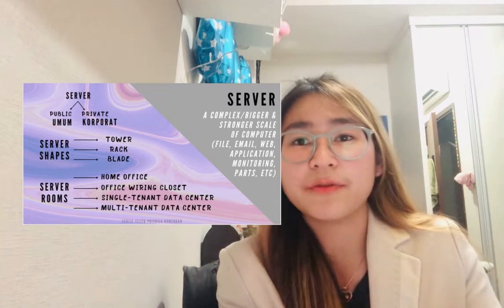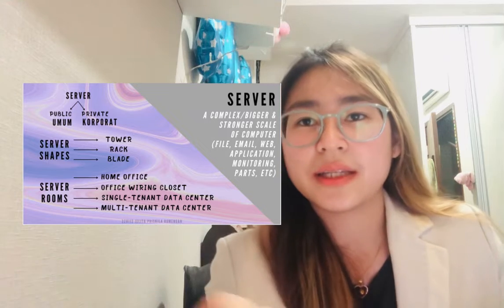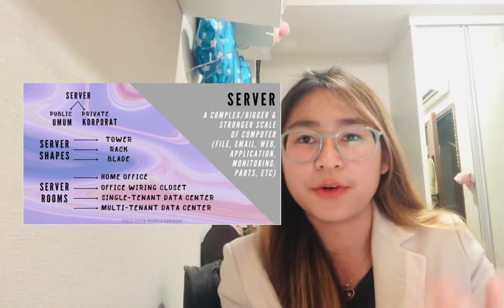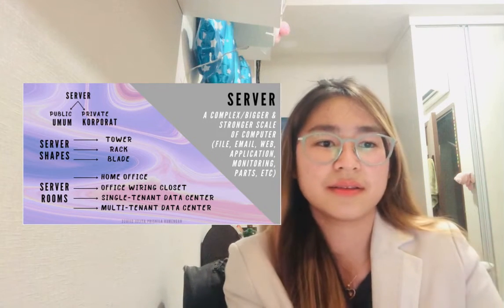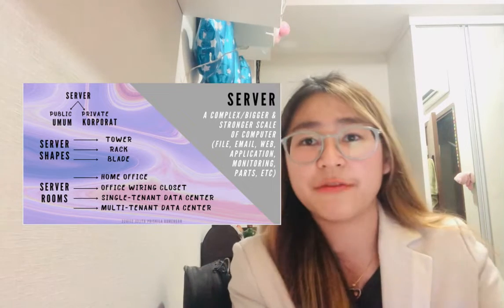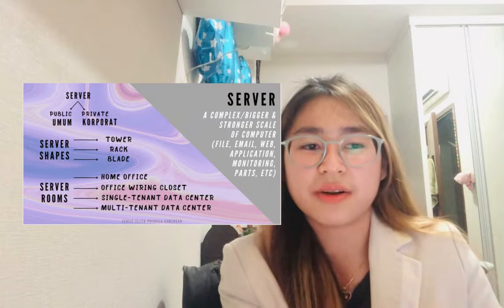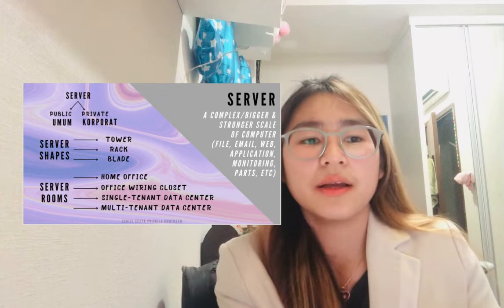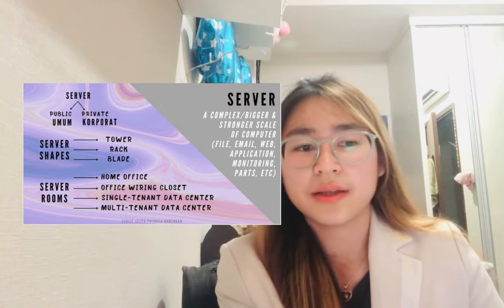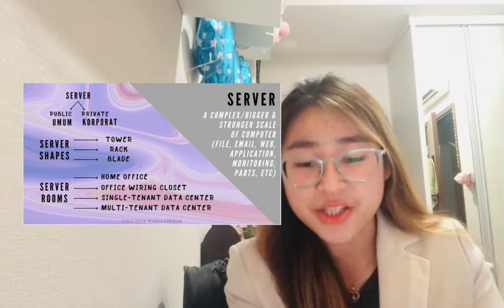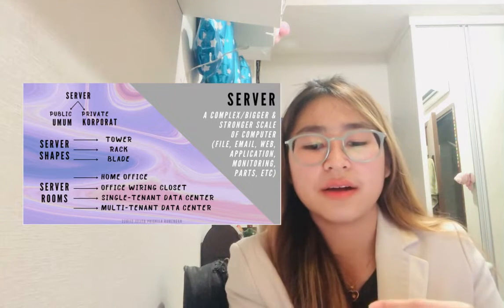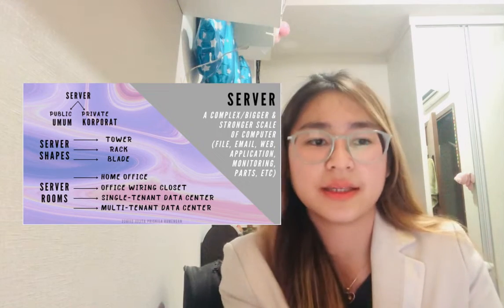It can be used 24/7, like every day, for the long term. So it is a stronger and bigger scale of computer, but the function is also like a computer, like a PC.